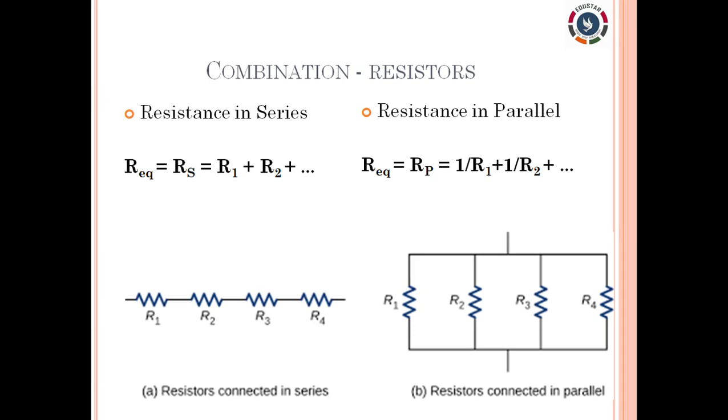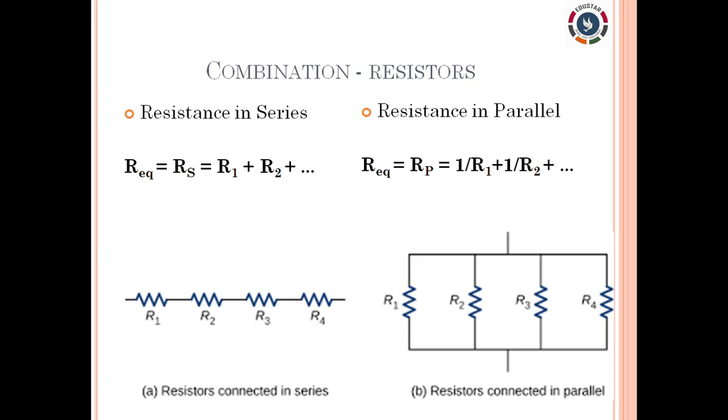So R equivalent or R effective is equal to RS, which is R1 plus R2 plus R3, and so on up to however many resistors are given, and we find the sum to get the net resistance. So RS is equal to R1 plus R2.